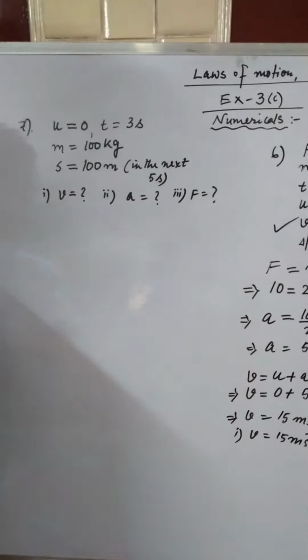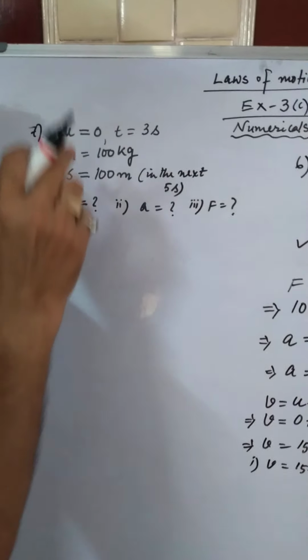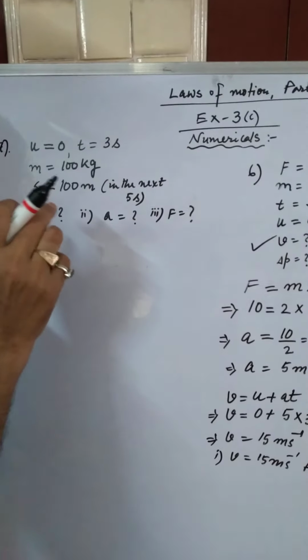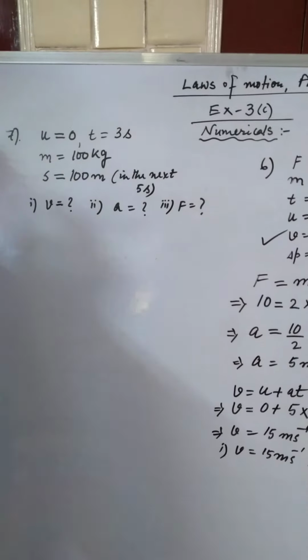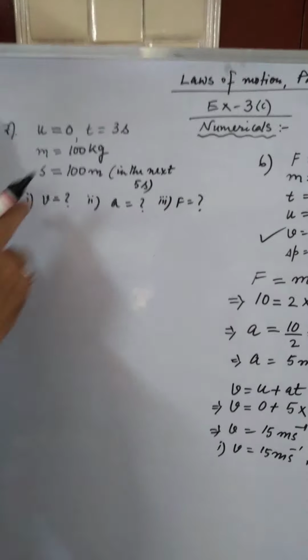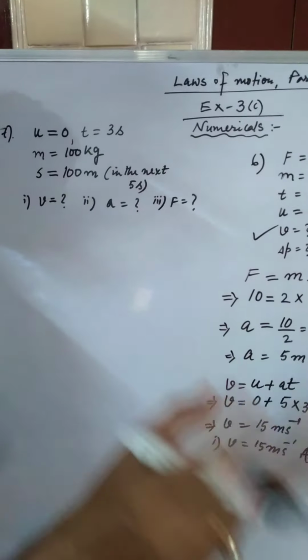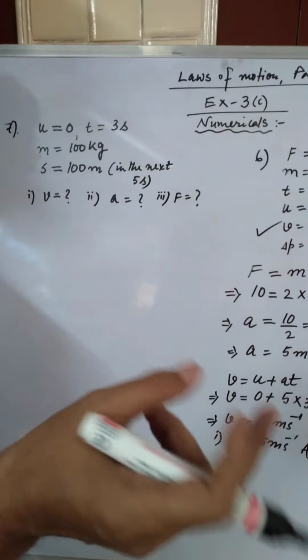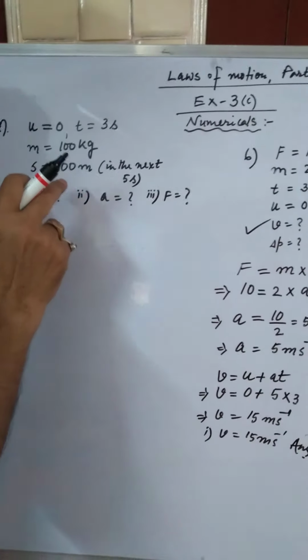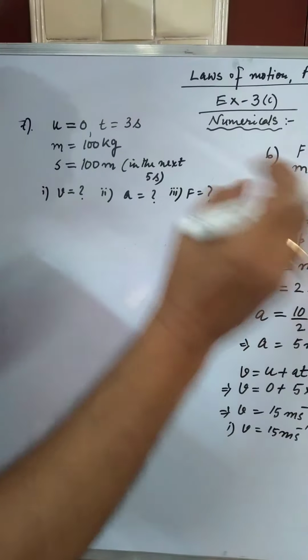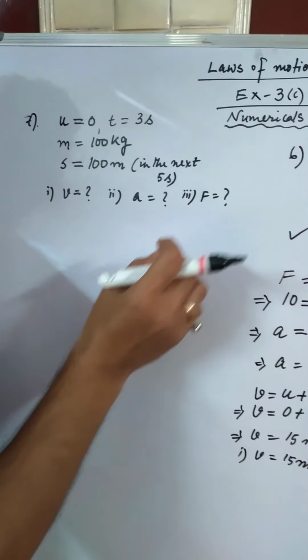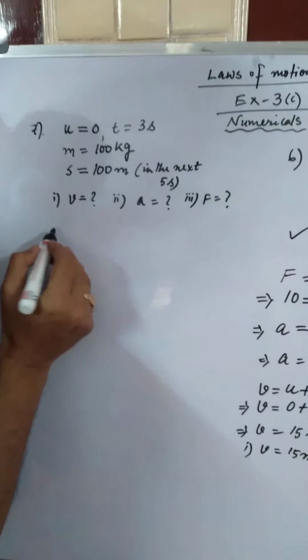Now you see that due to the application of the force, the body moves 100 meter when the force ceases. But the body moves that 100 meter in the next 5 seconds. So simply, the body moves 100 meter in 5 seconds.